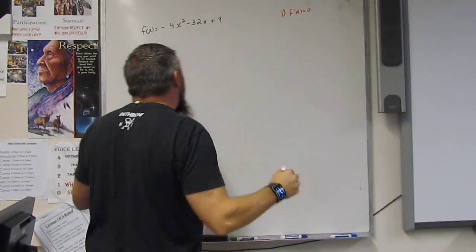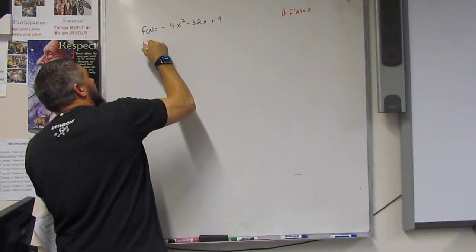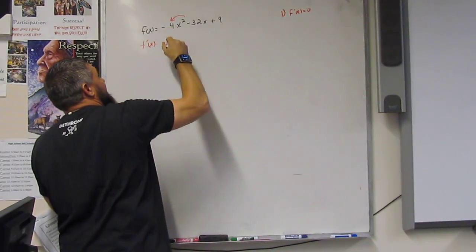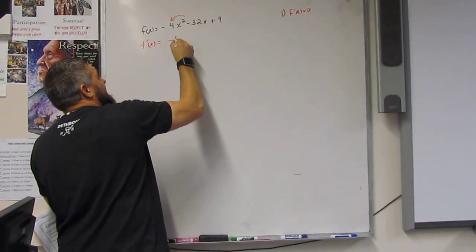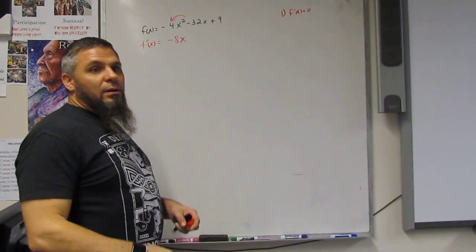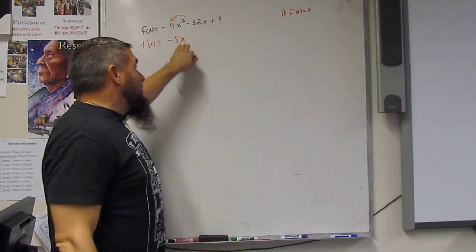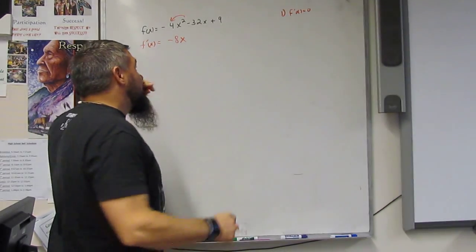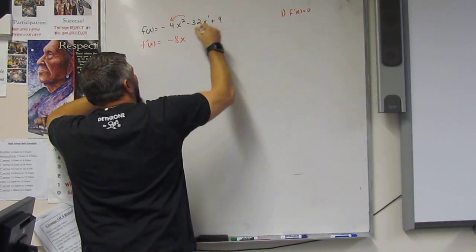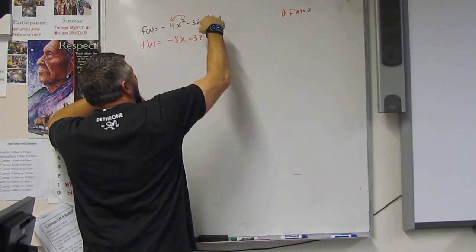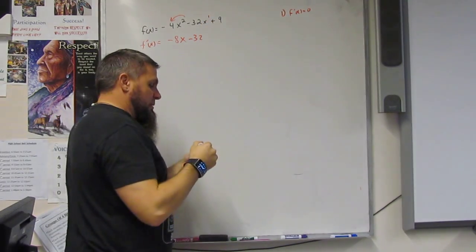That's your key. So to find the derivative means I need to take 2 times the negative 4, which is negative 8. And so we go from having x squared to just x. 1 times negative 32 is negative 32. So we go from having 1x to no x.